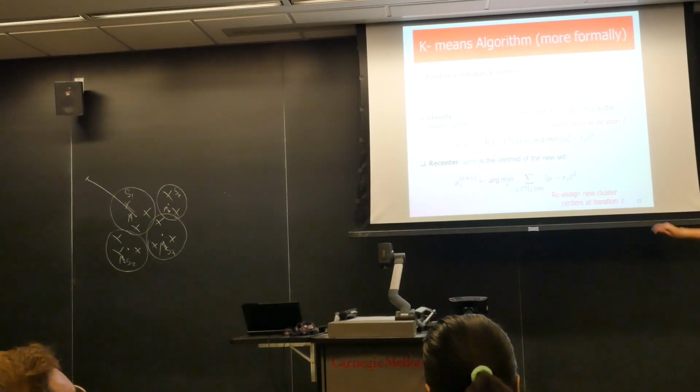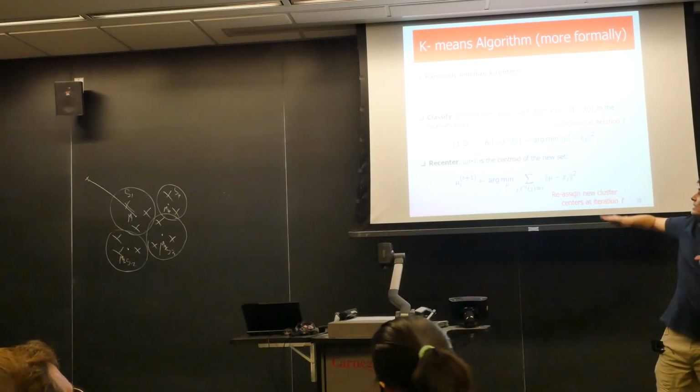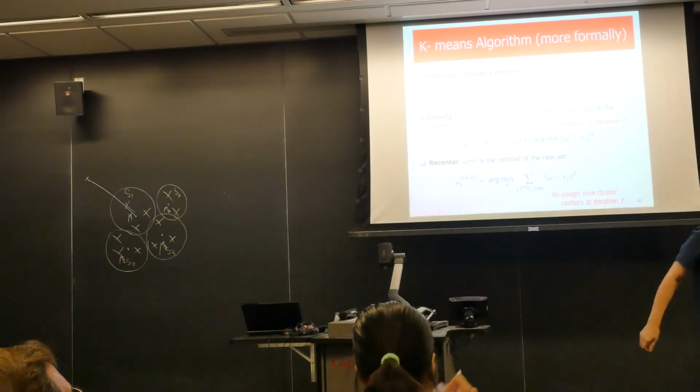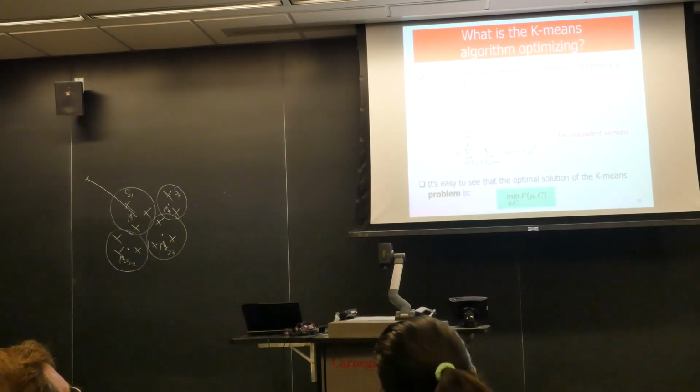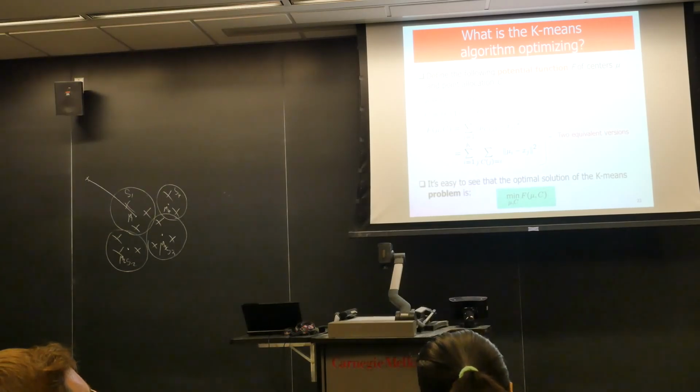So if I present the k-means algorithm this way, then it's a two-step minimization problem. Here we have one minimization problem, here's another one. Let's try to see what this algorithm is really trying to minimize. For that, we define a potential function f.